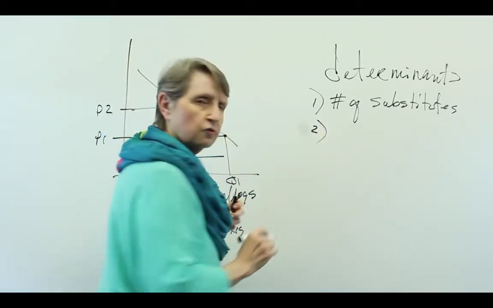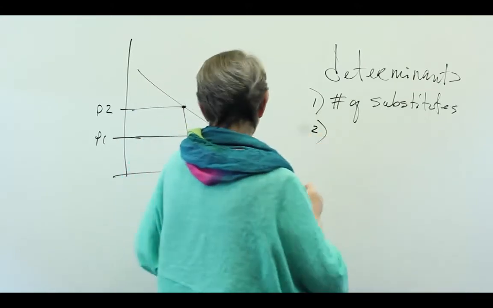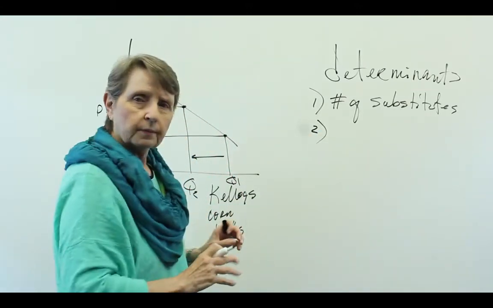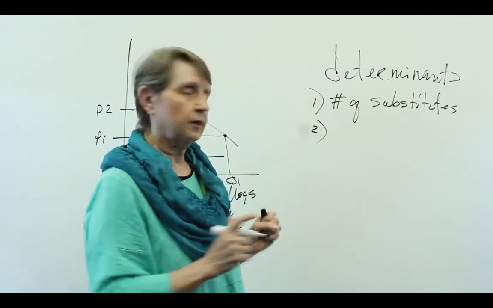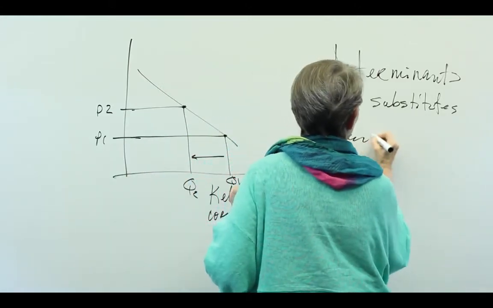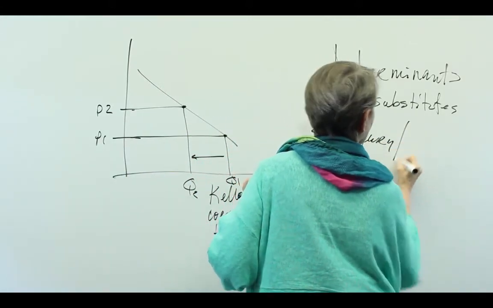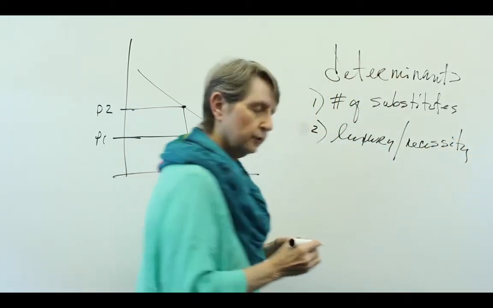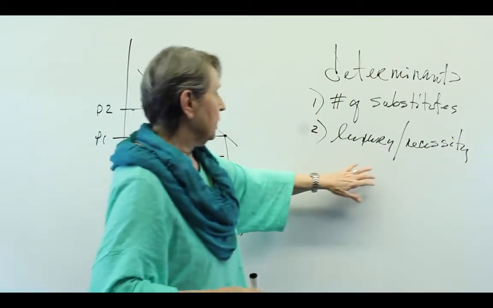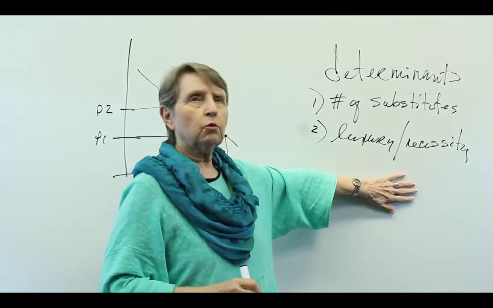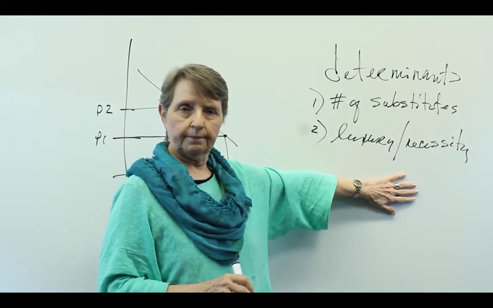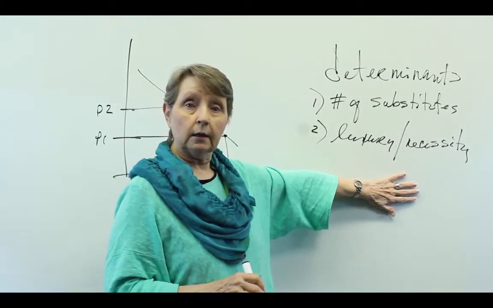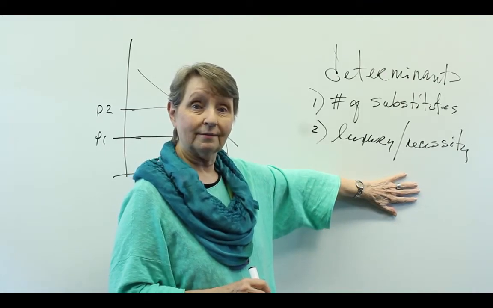Another thing that's very important is whether the good in question is a luxury or a necessity. For example, if instead of gasoline, what if we'd had insulin over here? If you're a diabetic, insulin's a necessity.